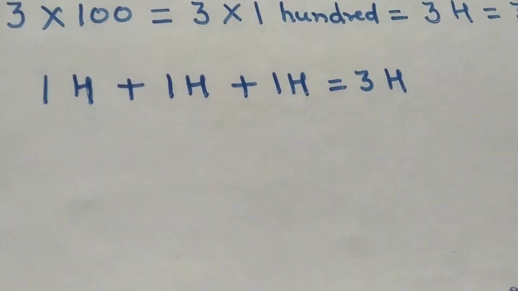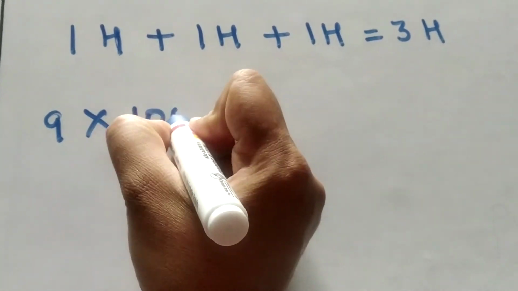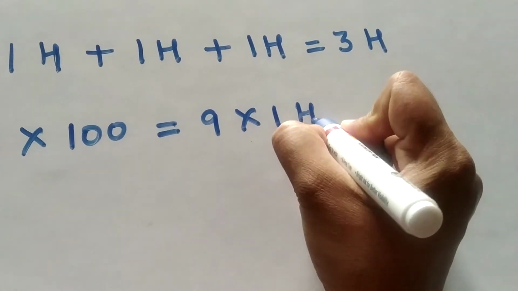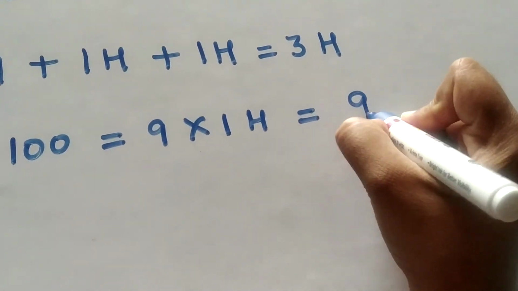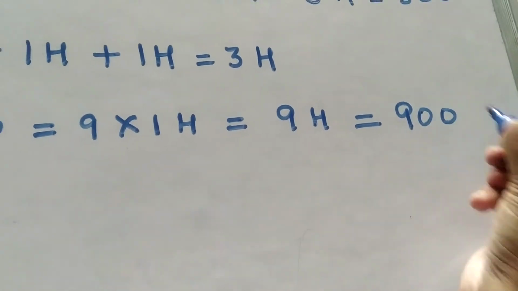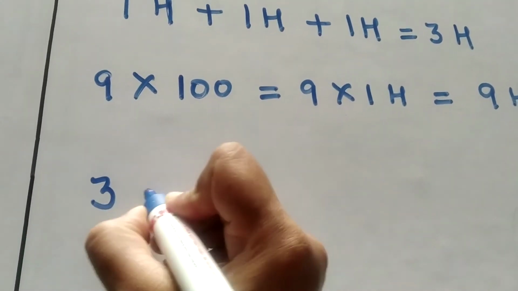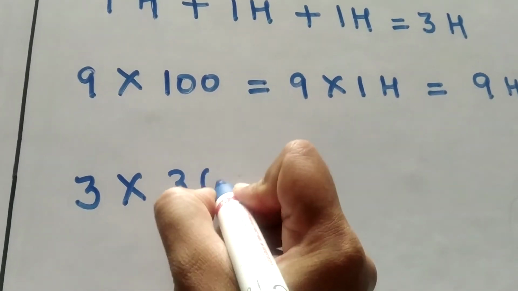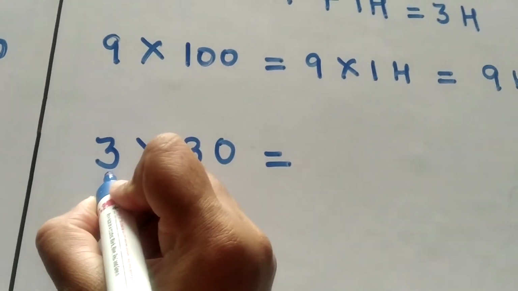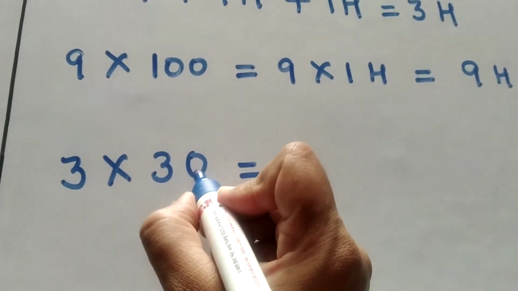Now let's check it again. 9 into 100 gives me 900. So again I can say that if I multiply the first two digits, I am going to get the same number. Earlier, when we were multiplying by tens, we tried 3 into 30.